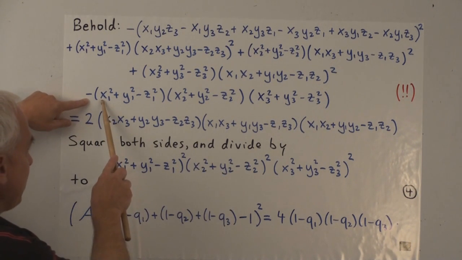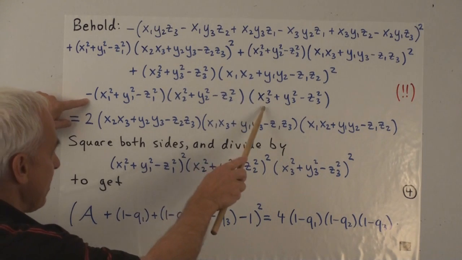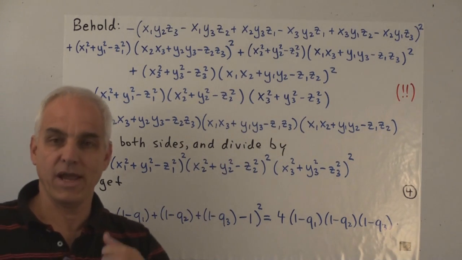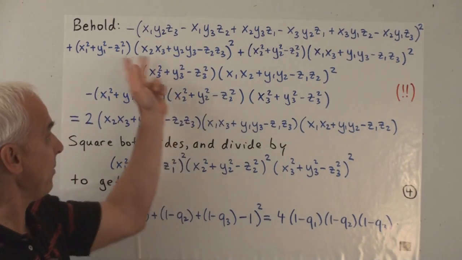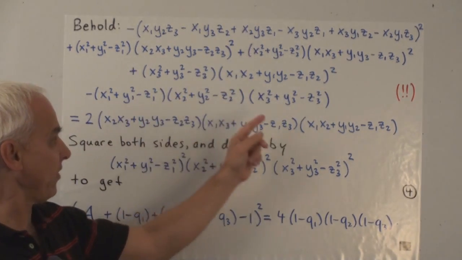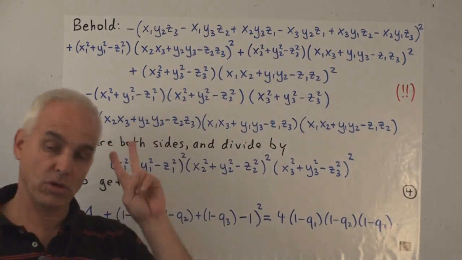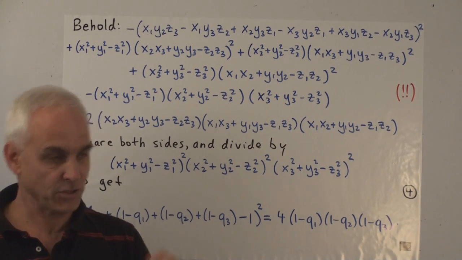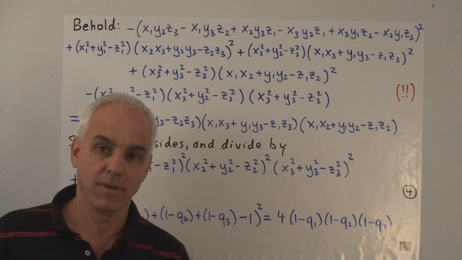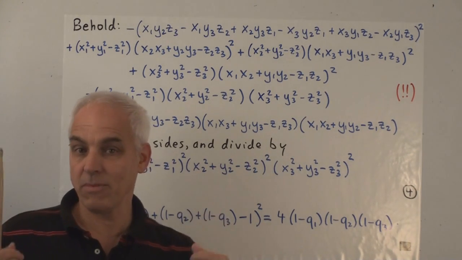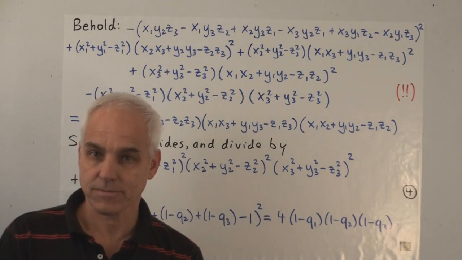And in this product we see that x1 squared times x2 squared times x3 squared will occur exactly once. So 3 times from here, minus 1 times here. On the left-hand side, a total of 2 times. So we can tick in our mind that that particular term will occur an equal number of times on both sides.